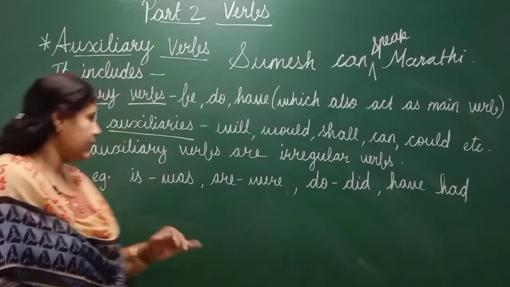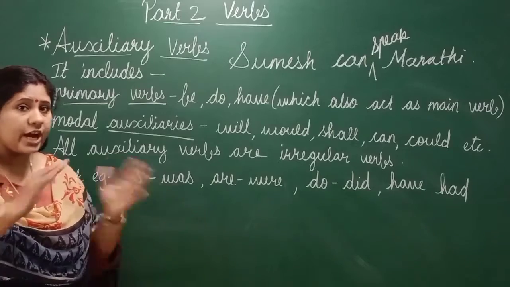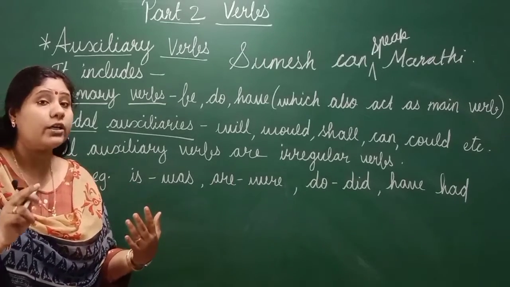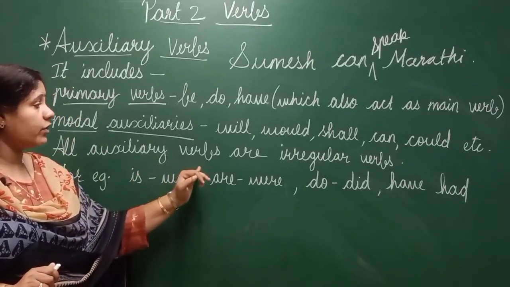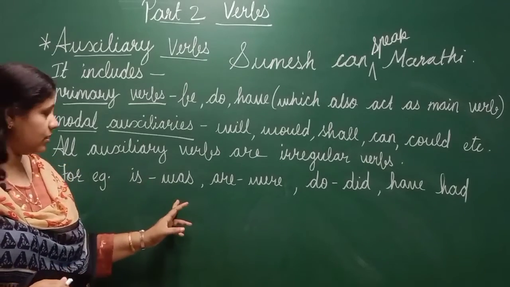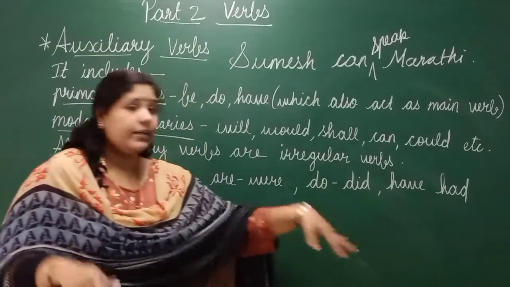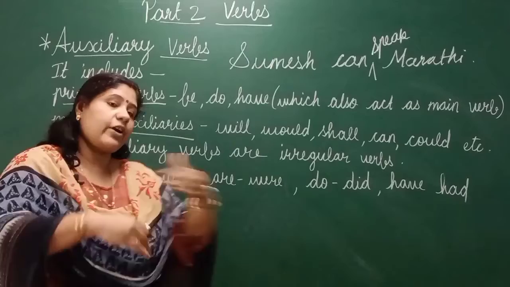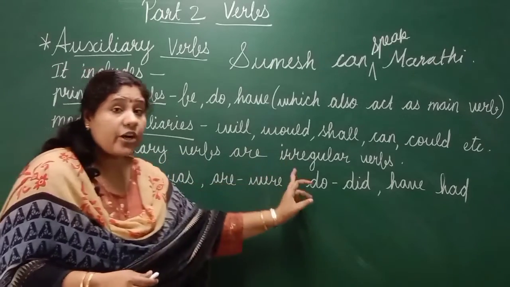Understood? For example, was is completely different. We are not adding D or ED. If we add D or ED, it becomes what? A regular verb. That's why all auxiliary verbs are irregular verbs: was, are, were, do, did, have, had, can, could. All these are formed in a different manner, so all these verbs come under irregular verbs.